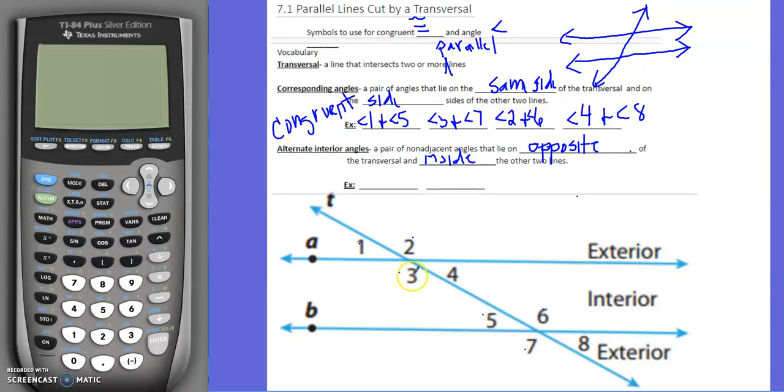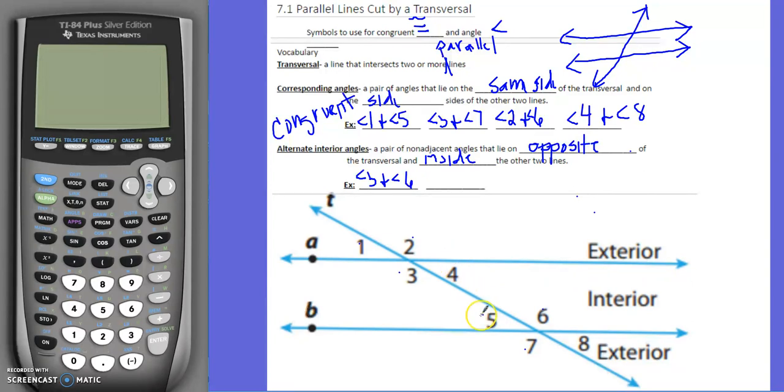Okay, so for example, we can have 3 and 6. They're alternate, so they're on opposite sides, but they're both on the interior. So we have angle 3 and angle 6. We also have angle 4 and angle 5.